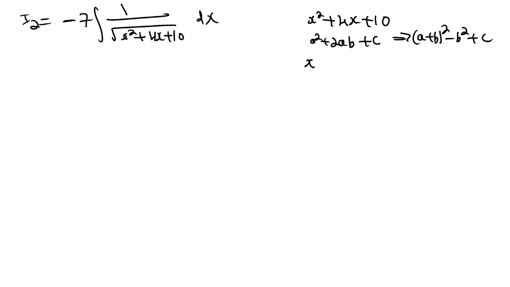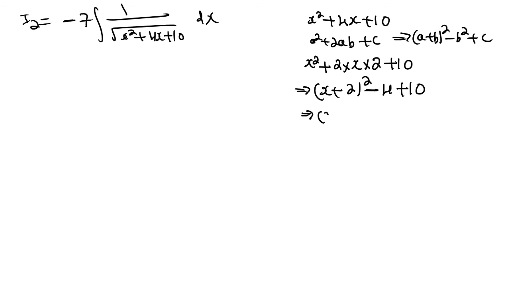So x square plus 2 into, a is x, and to get 4x, b must be equal to 2, and c value is equal to 10. So you can rewrite it as (a plus b) whole square, x plus 2 whole square, minus b square, which is 4, plus 10. This implies x plus 2 whole square plus 6. You can write it as x plus 2 whole square plus root 6 whole square.